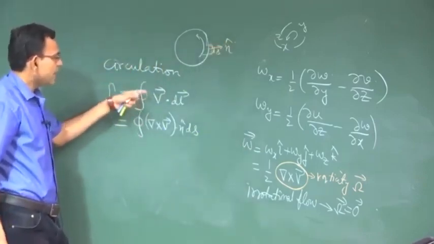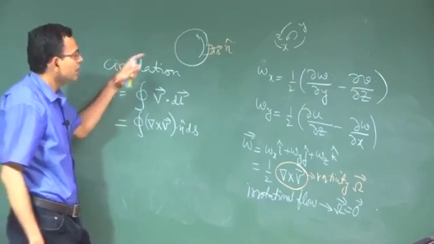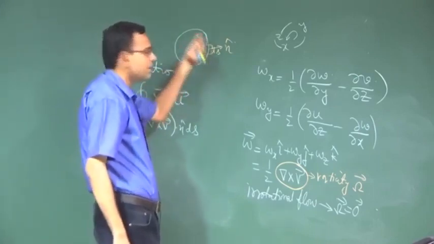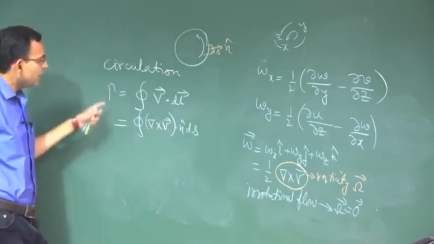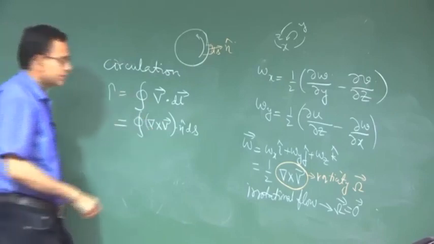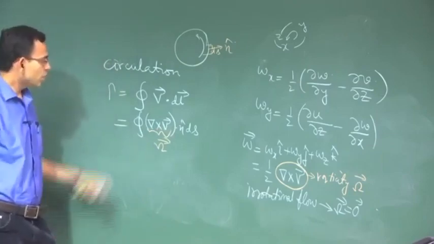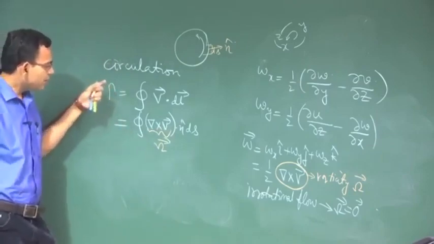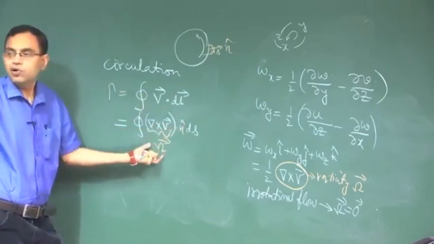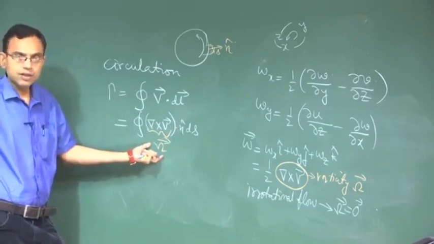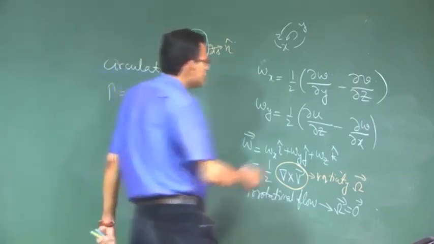This line integral can be converted into the area integral, where the area is bounded by this line. So clearly circulation and vorticity are related, because this is nothing but the vorticity vector. So you can say qualitatively that circulation per unit area will be the vorticity, and let us try to calculate it considering a specific example.